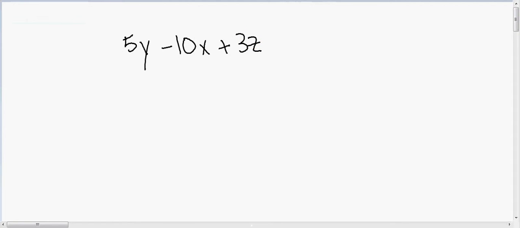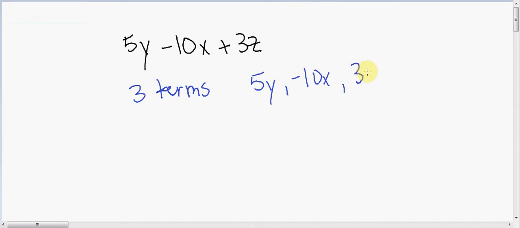Alright, so in this case I have three terms. My terms would be 5y, negative 10x, and positive 3z. As far as my constants are concerned, there are no constants. All the numbers have variables right behind them, so no constants.